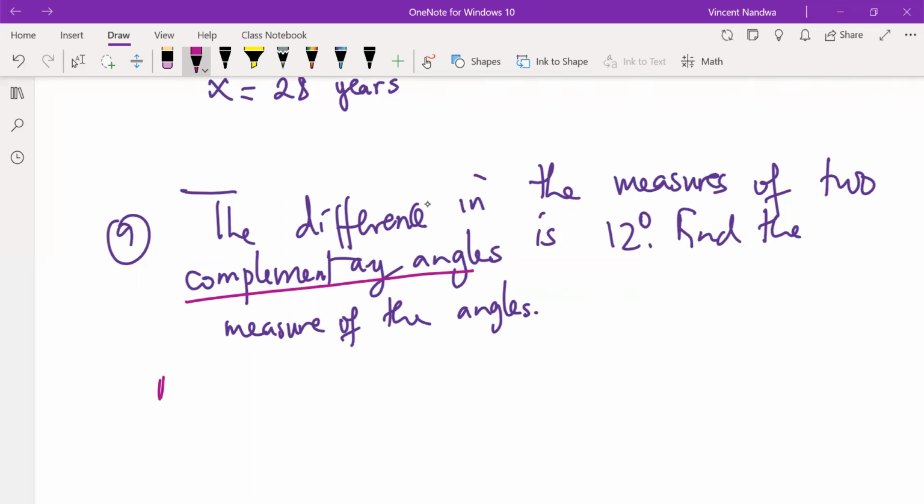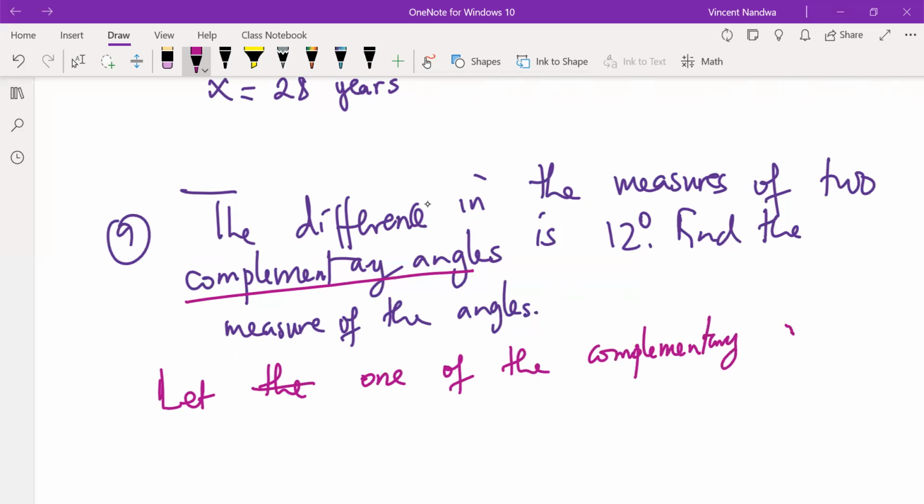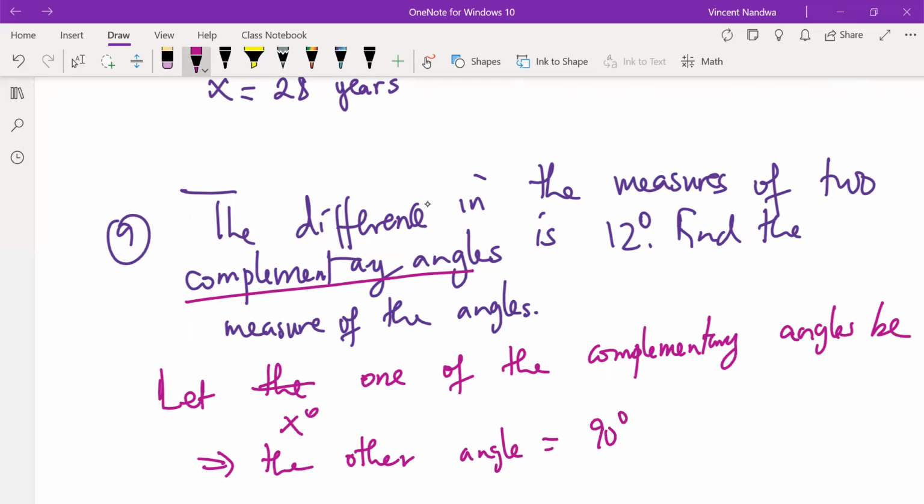So let one angle be x degrees. So this means that the other angle will be 90 degrees minus x degrees.